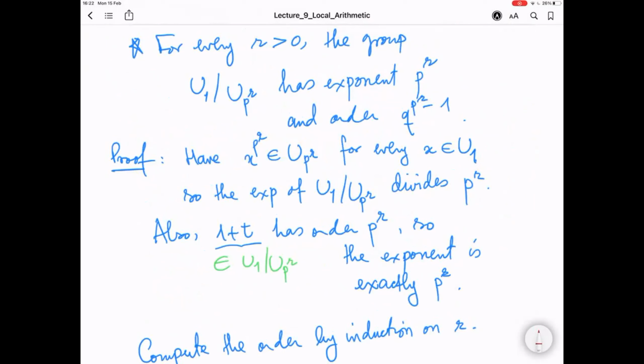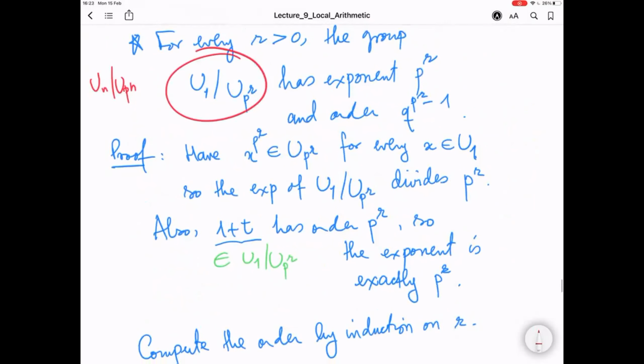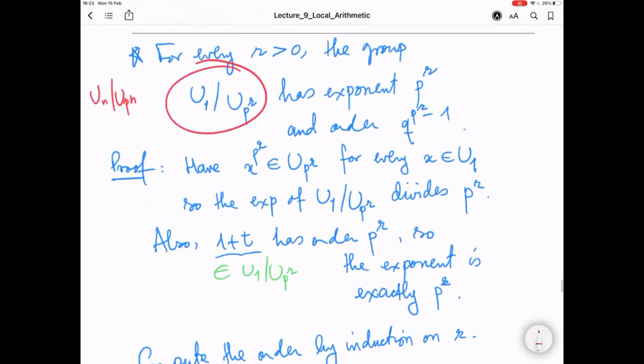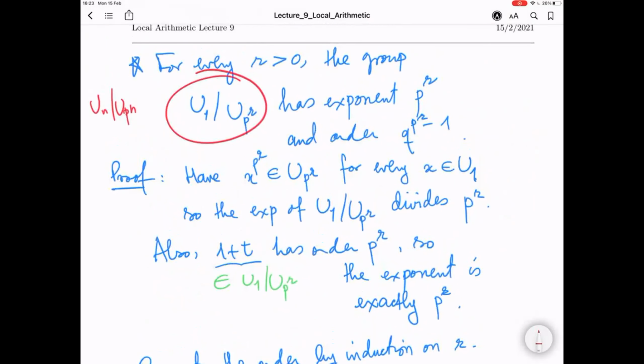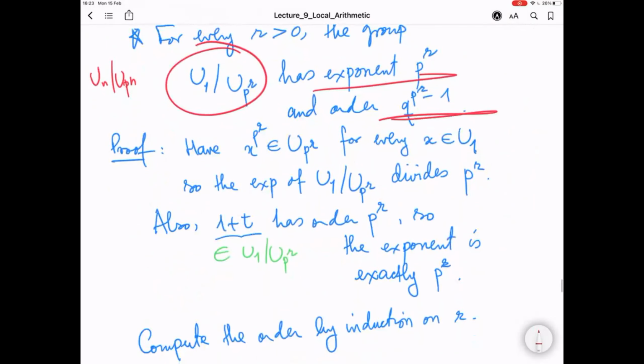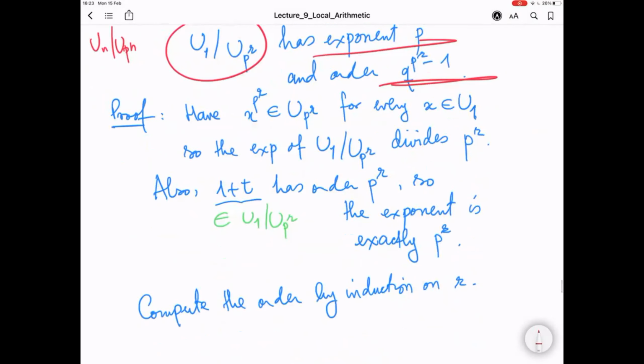Similarly, what I had proved was about un modulo upn. Now I'm proving something about u1 modulo u to the p to the r. It's not p times r, it's p to the exponent r. So this group has exponent p to the r and order this much. So the same reasoning, you do something similar.